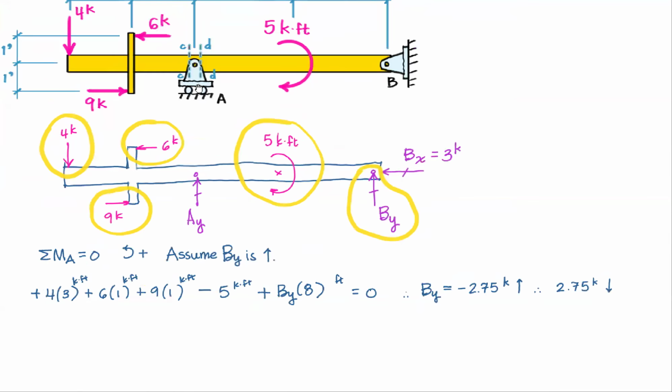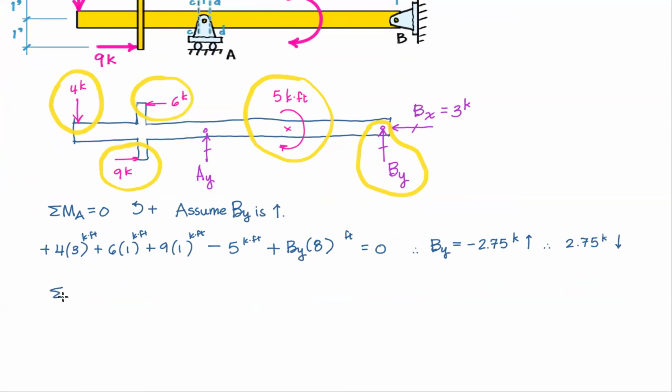All right, and the rest of it is easy, so we can do a quick force summation in the y direction equals 0. And I've got -4 plus Ay, and I'm just going to write here again my assumption. So assume Ay is upward. So -4 plus Ay. And then when I get to By, the true nature is downward, so minus 2.75. These are all in kips.